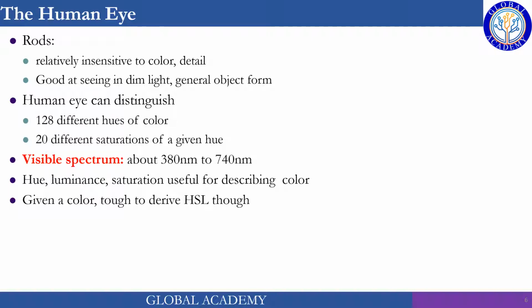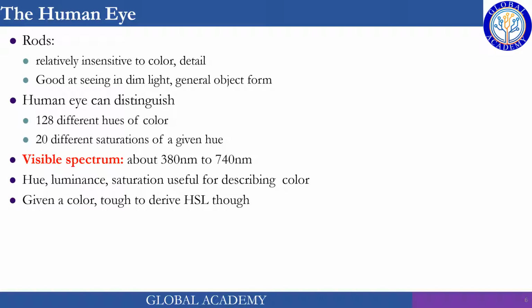And one other fact is that the human eye can on average distinguish 128 different hues or colors and 20 different shades of each color. So that would be about 2500 colors, or colors and shades, or colors and their saturations. And as we discussed earlier, the visible spectrum is 380 nanometers to 740 nanometers.